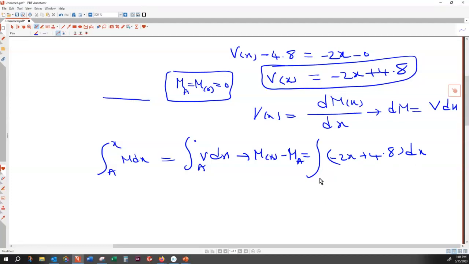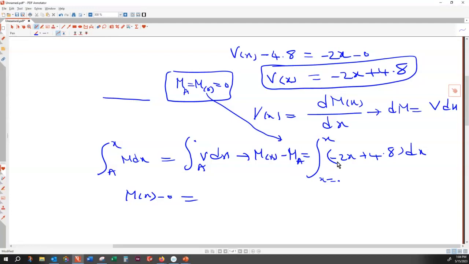And the bounds of the integral are between x equal to 0 to x. So the left-hand side, that is M of x, and M of A is 0, right? So this is 0 minus 0.